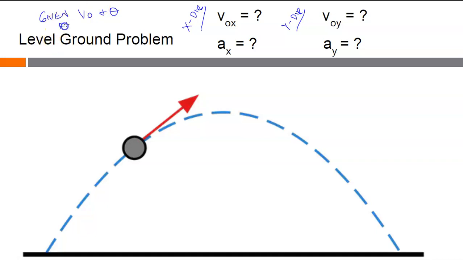I'm going to call those T, the time in the air, and R, which stands for range, how far it goes. That's the two parts of this typically. First thing we have to do is cook up the components in the x direction and in the y direction.